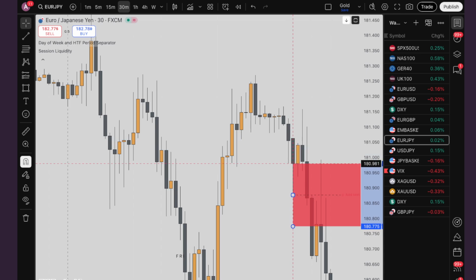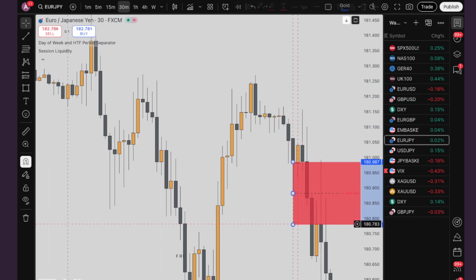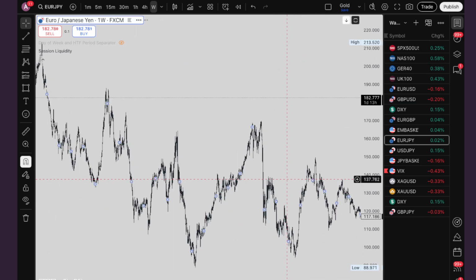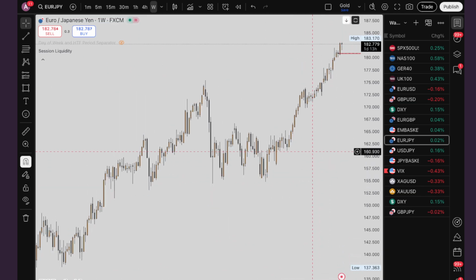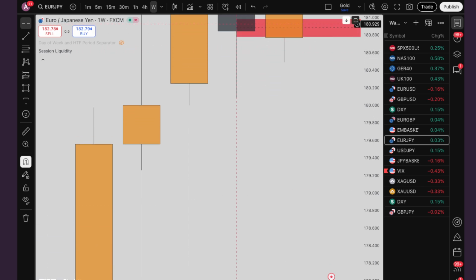Here is the closing price, and the opening price is, one sec, one week.